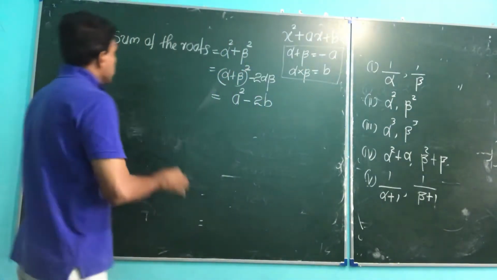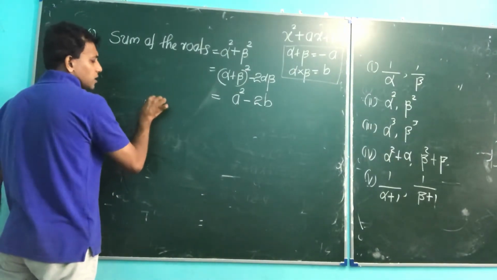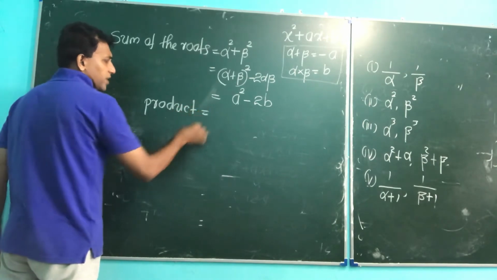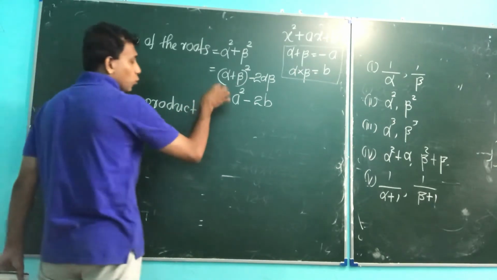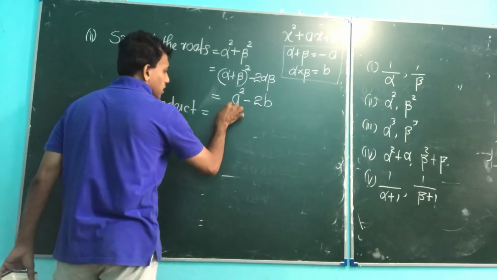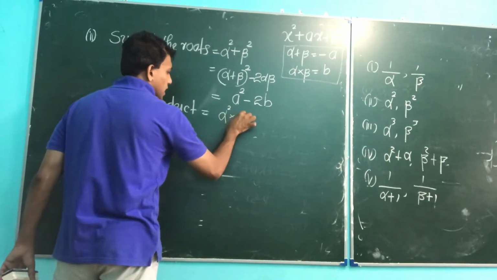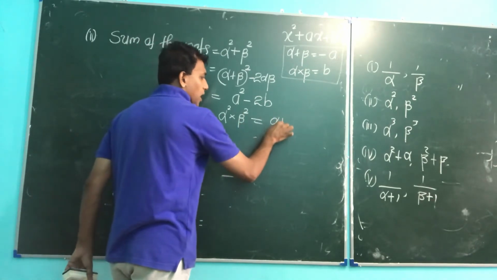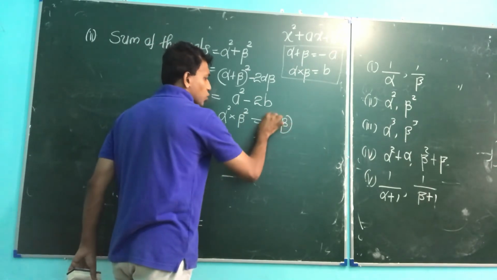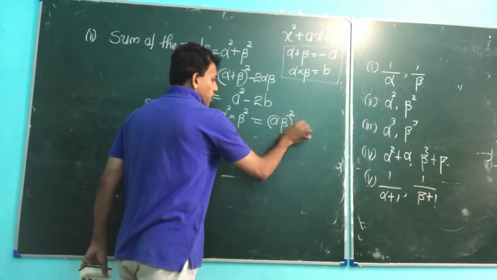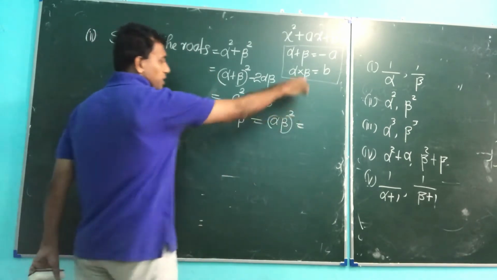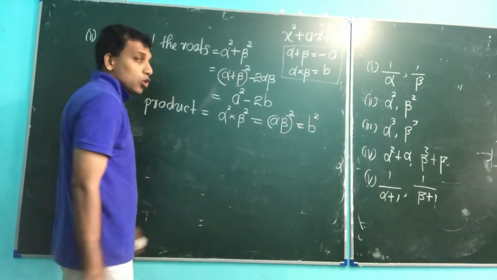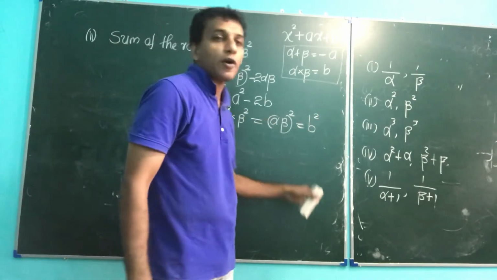Now write the product of the roots. What does product mean? Multiplication. One root is alpha square into the other root beta square, or this can be shown as alpha beta completely squared. Alpha beta is b, its square is b square, right? You know the summation, you know the product.